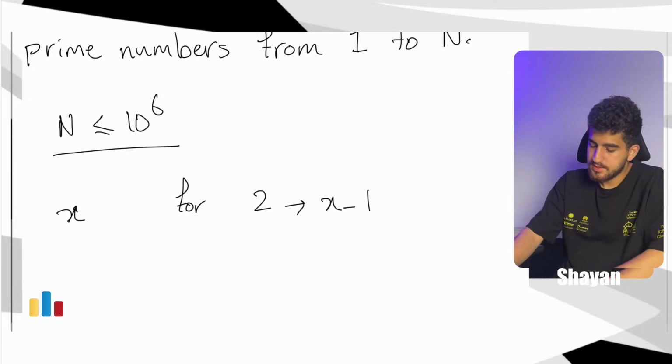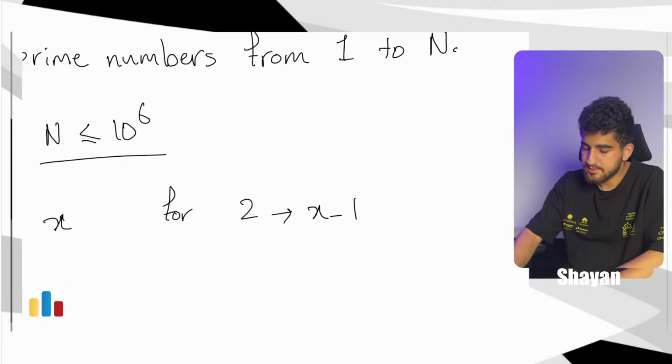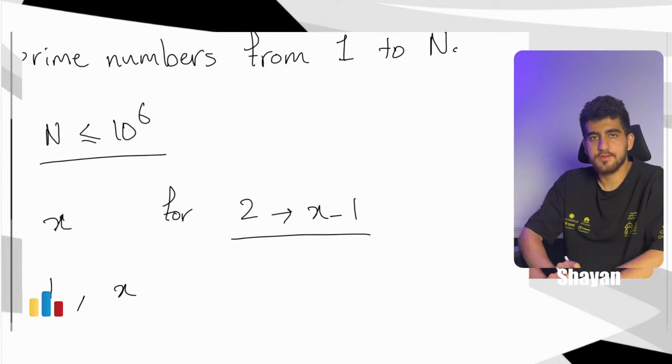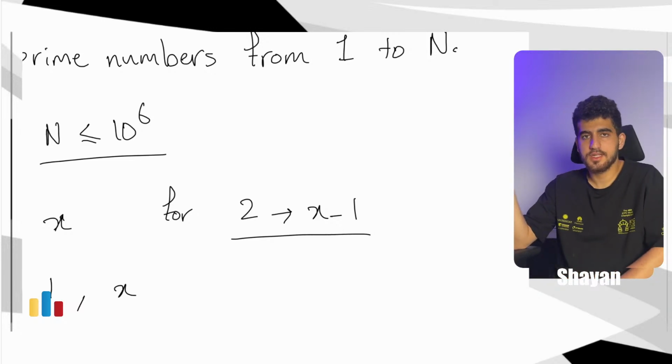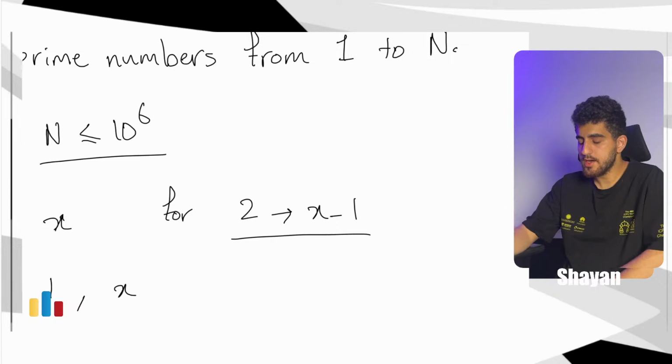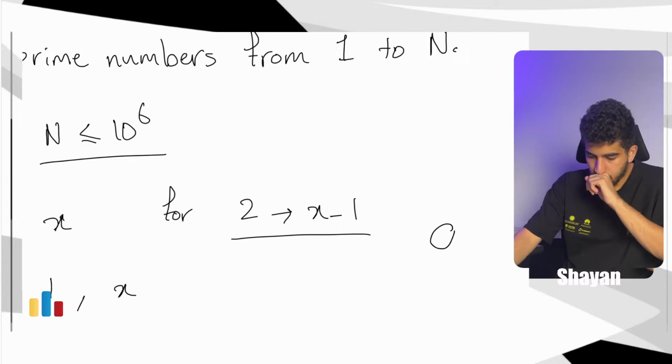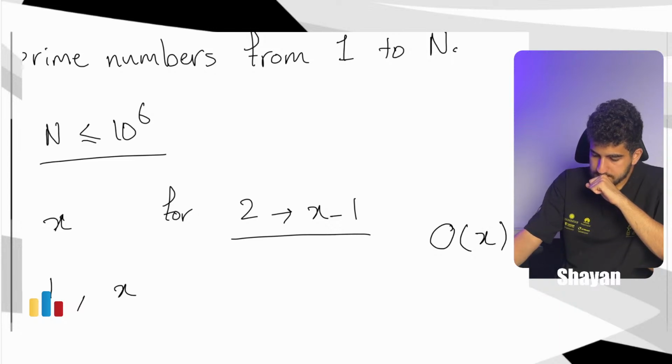Because a prime number must only divide 1 and itself, x must only divide 1 and x. If I have a for from 2 to x minus 1 and x divides any of these numbers, x is not a prime. So one idea can be this, and it's going to be O of x. This way our time complexity will be O of x if we do this.